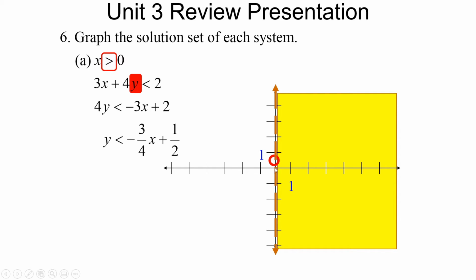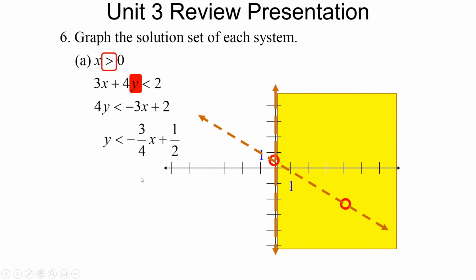Okay, let's do this carefully. Negative 1, negative 2, negative 3. And then 1, 2, 3, 4, right out there. Now what I'm looking at is not your dots. Less than, so I want a dashed line through those 2 dots.